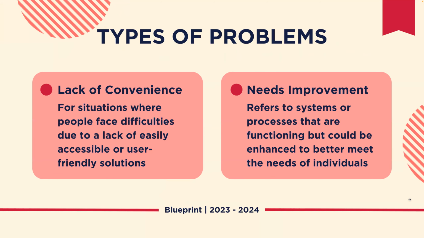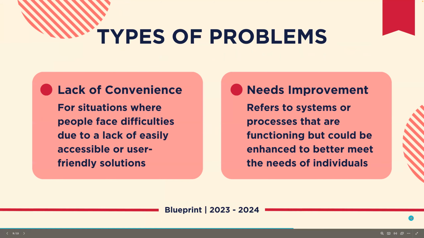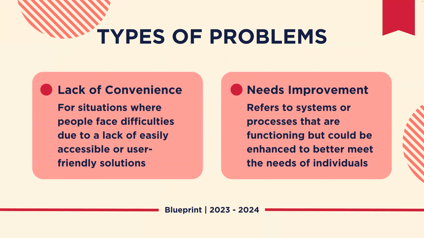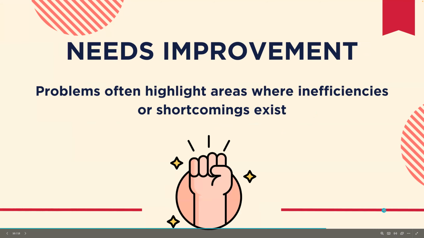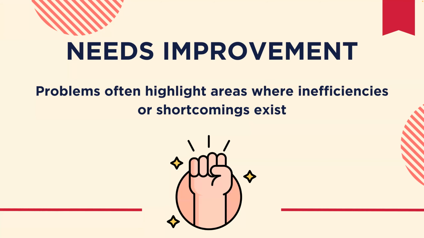Now, our next and last type of problem is needs improvement. This refers to systems or processes that are functioning but could be enhanced to better meet the needs of individuals. So, just a quick heads up, with problems like lack of convenience or needs improvement, these types of problems can often overlap.